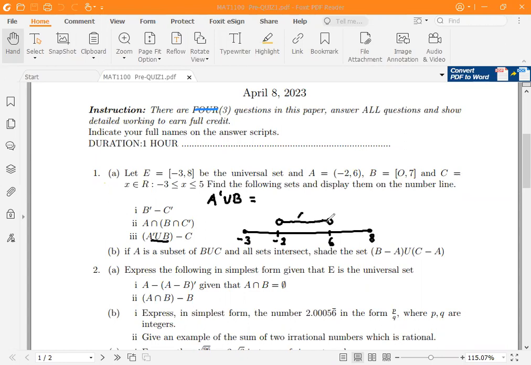This is A. So what will be A complement? The opposite of A. So from here, closed all the way up to 8. This is A complement. Also, from here closed all the way back. This is A complement.